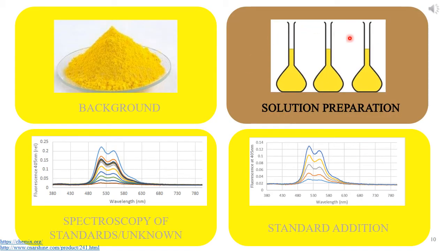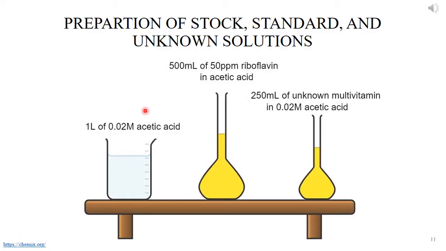Next, solutions for the experiment were prepared. A 1 liter stock solution of 0.02 molar acetic acid was prepared by adding 5 milliliters of 4 molar acetic acid with nanopure water. This was the standard solvent for the entire experiment.